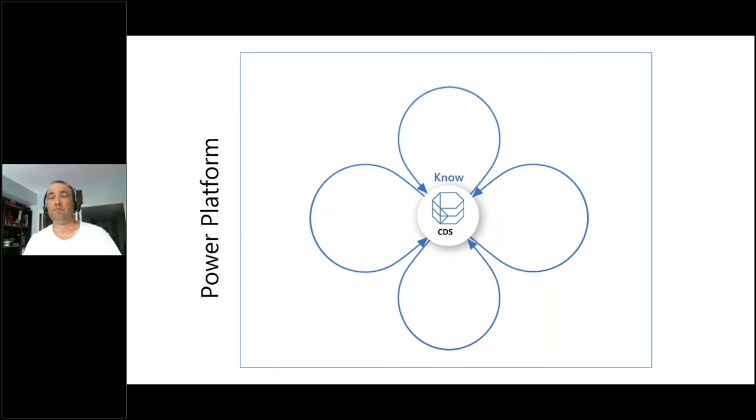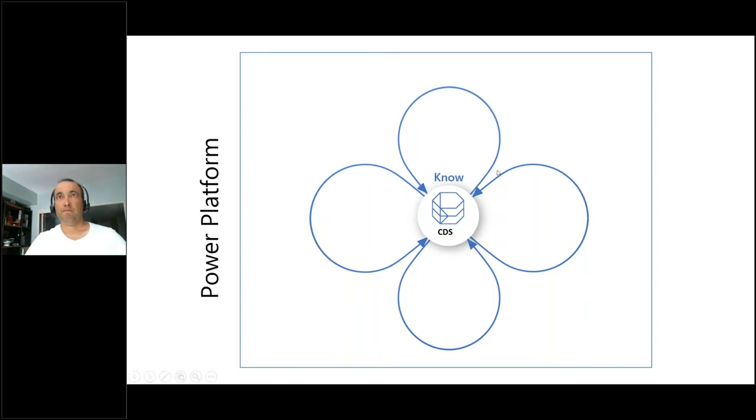I see CDS as being quite central to the Power Platform ecosystem because at the end of the day, in the real world, when we build applications, we always build experiences over data. We build processes over data. We drive insights from data. We drive intelligence from data. So as a result, I see CDS as being really crucial and important to the Power Platform overall.